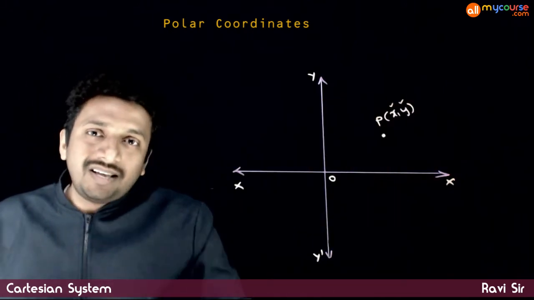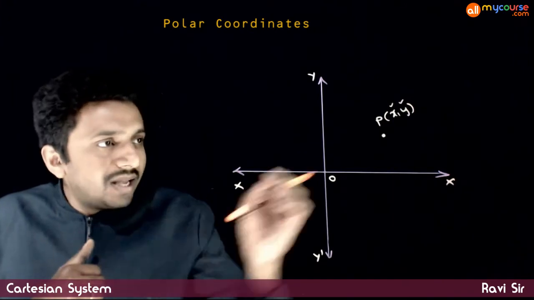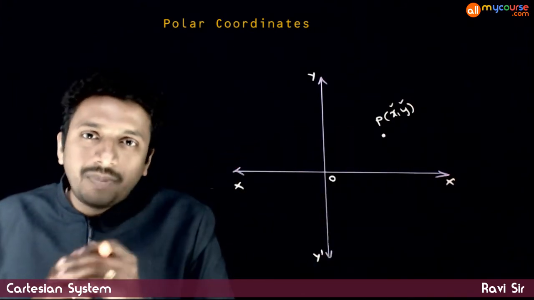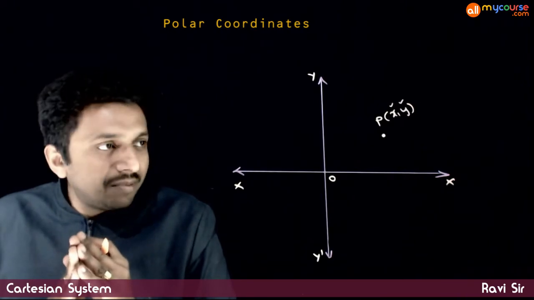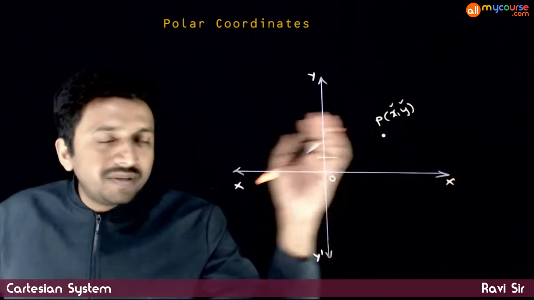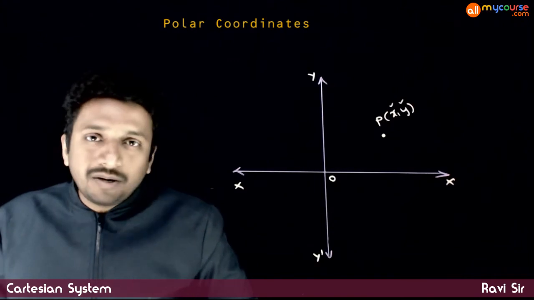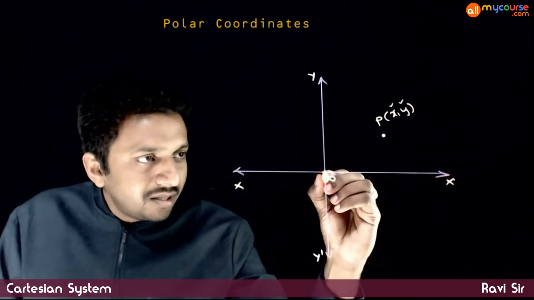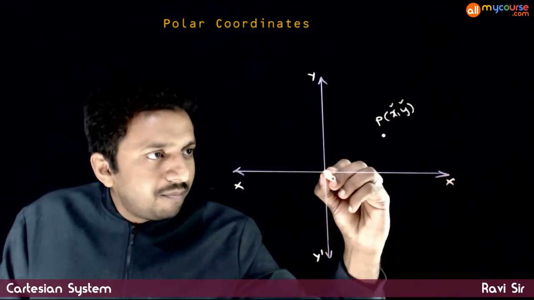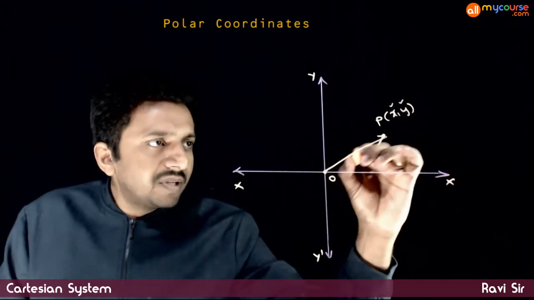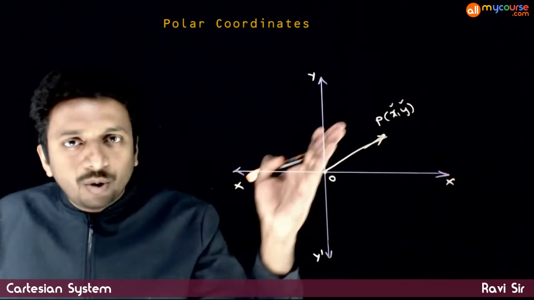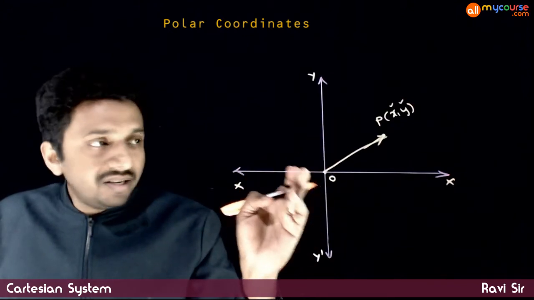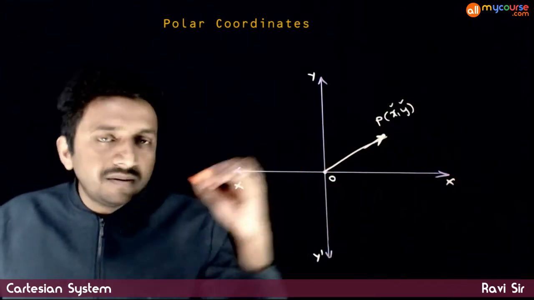So this is one way in which we can uniquely represent a point using two distances. Now let us see another way in which we can represent this point by using a distance and an angle. If I want to represent this point P, I join the origin with this point by a ray. Let us draw the ray OP, starting from the origin and joining the point.